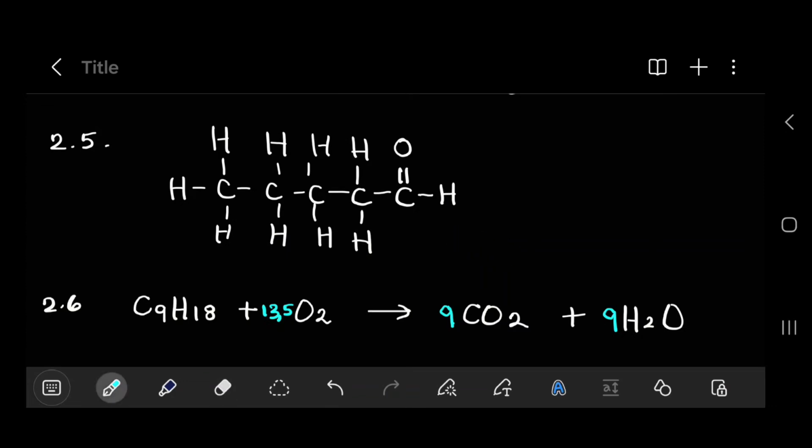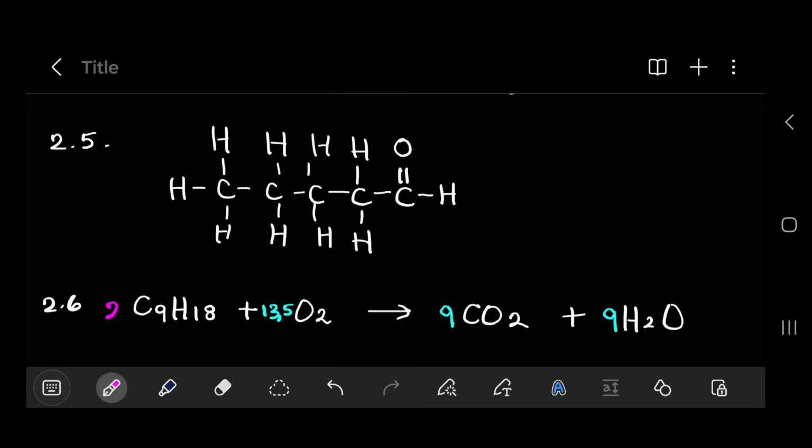And here's the thing. When you are balancing chemical equations, you can only use whole numbers as your coefficients. So we don't want decimal numbers. If ever you get a 0.5 like this, your next step is multiply your entire equation by 2. So let's do that.